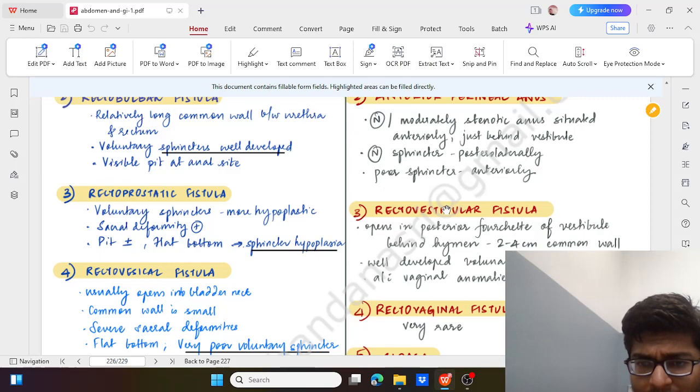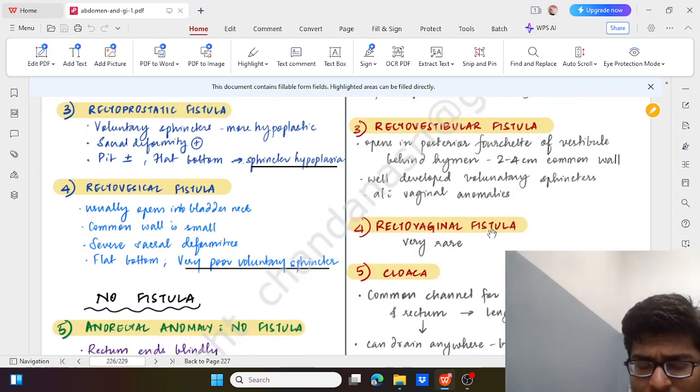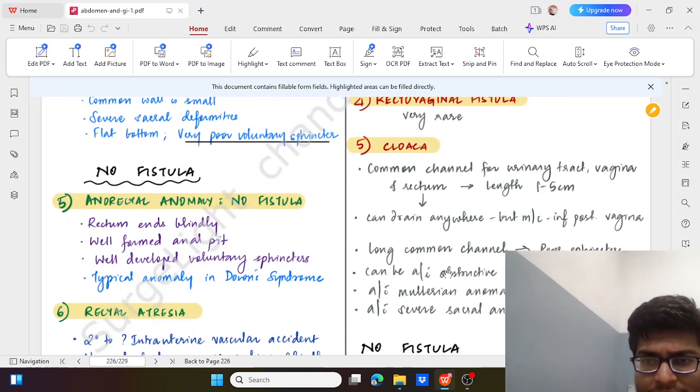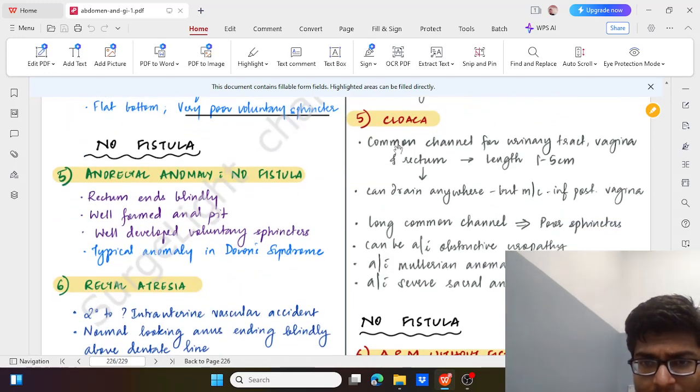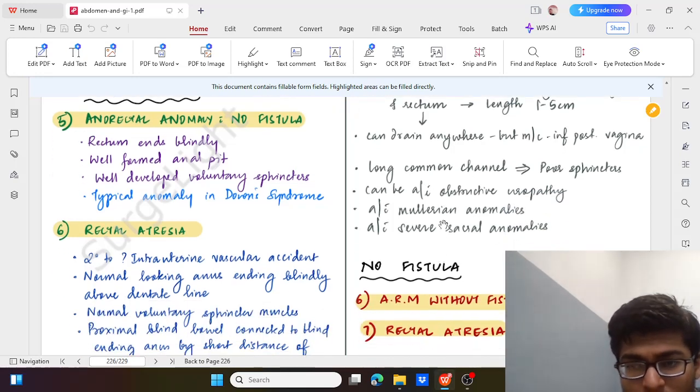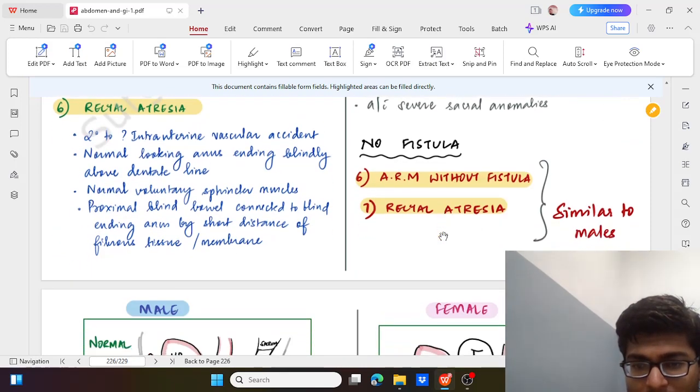Then we have rectovaginal fistula, which is very rare, where the rectum enters and opens into the vagina. Then the cloaca, a common channel for urinary tract, vagina and rectum, with a length of 1 to 5 centimeters, which can drain anywhere but most commonly in the inferior posterior vagina. A long common channel with poor sphincter formation can be associated with obstructive urological disorders, Mullerian anomalies and sacral anomalies.